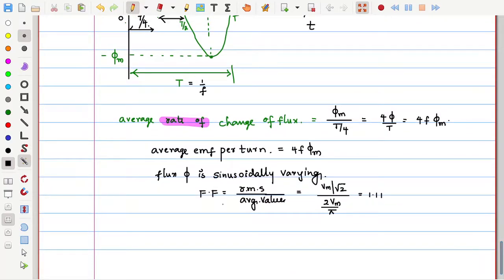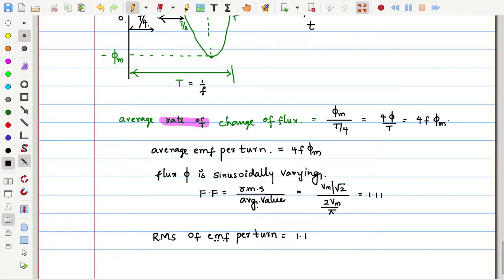Now, from this basic understanding that flux is varying sinusoidally, I can write the RMS value of EMF per turn as the average value into 1.11.